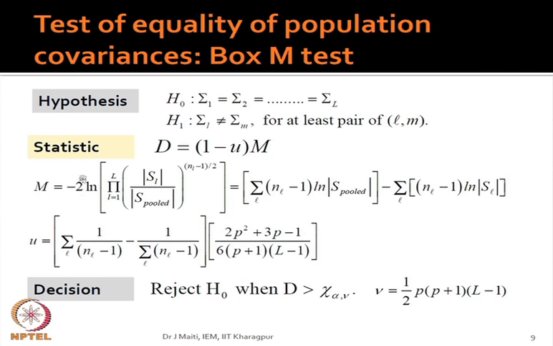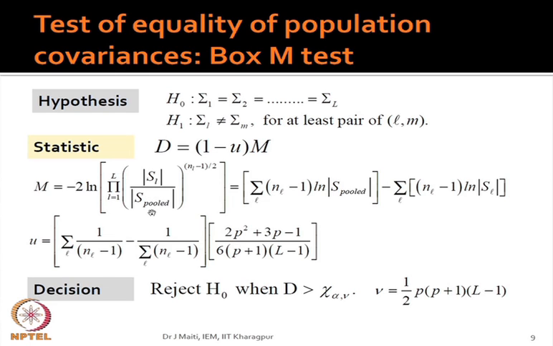In the slide you see that M is minus 2 log of the product over L equal to 1 to capital L of the determinant of S L by S pooled, to the power N L minus 1 by 2.